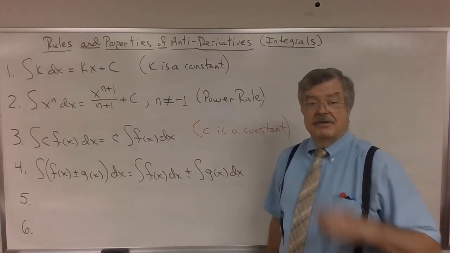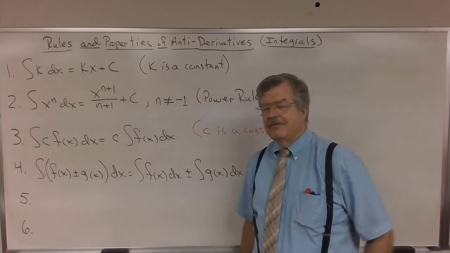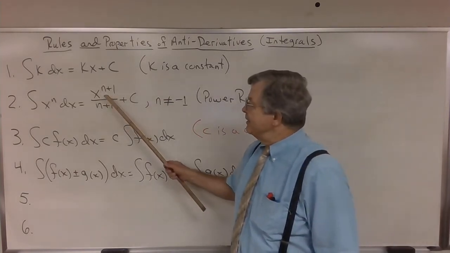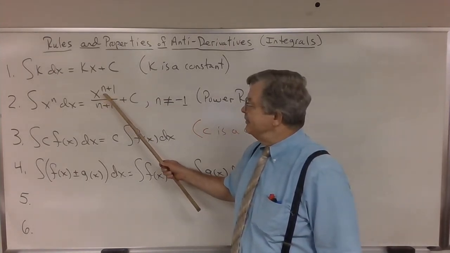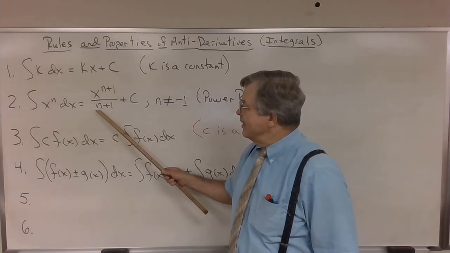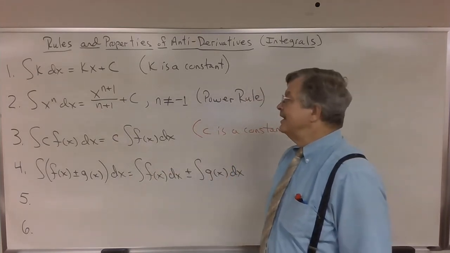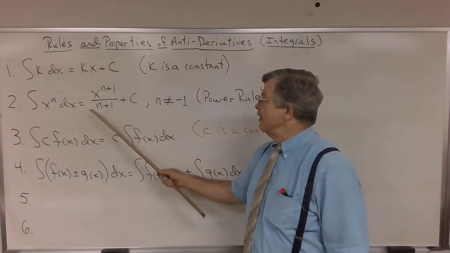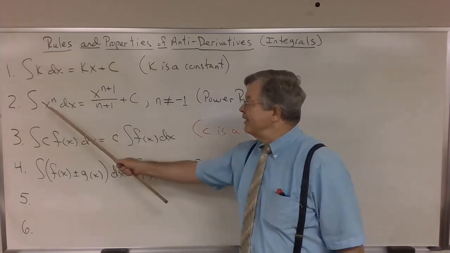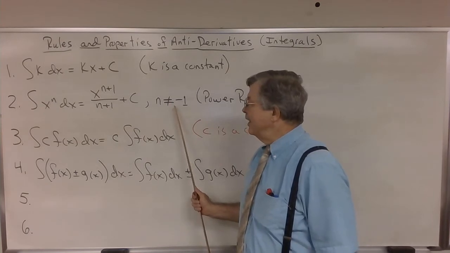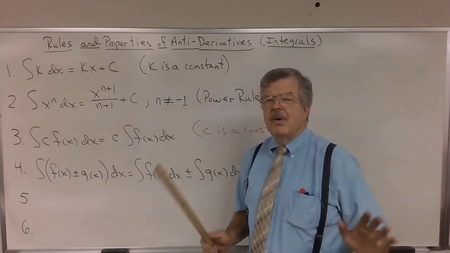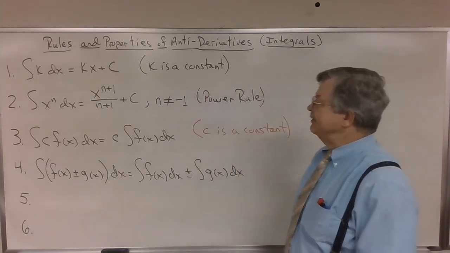And we see what goes wrong when n equals -1. We plug it into this formula, we get x to the 0, which is 1, over 0, which is undefined. Ooh. No, this formula won't work if the exponent of x is -1. But it works for all other exponents.